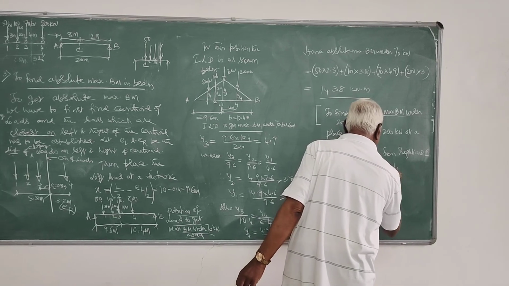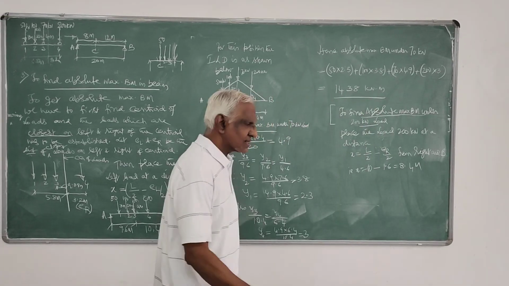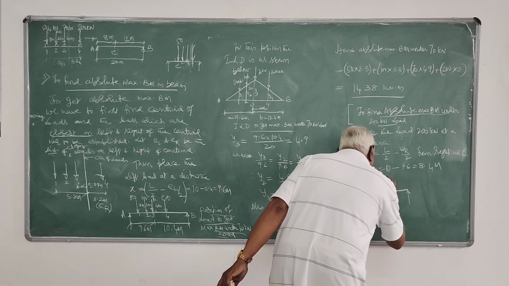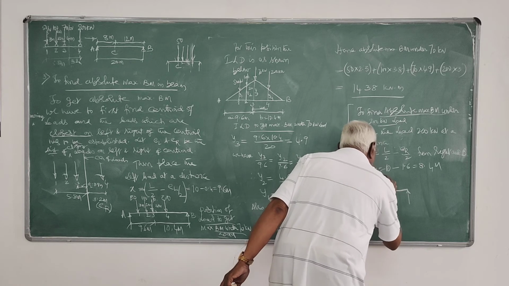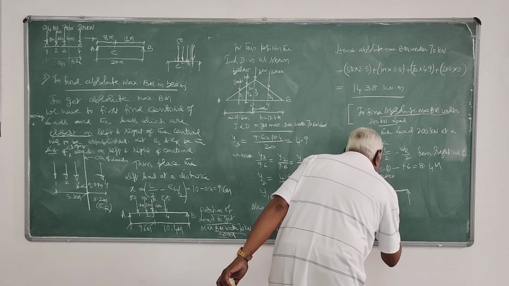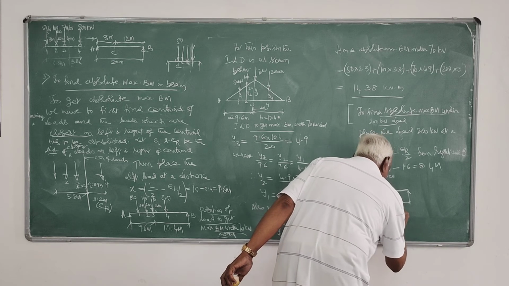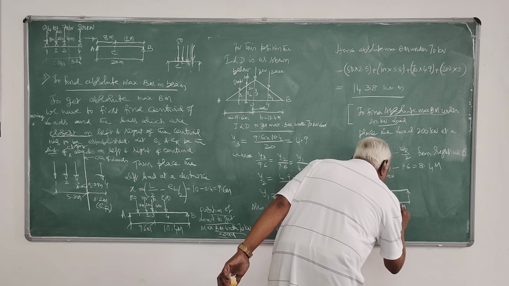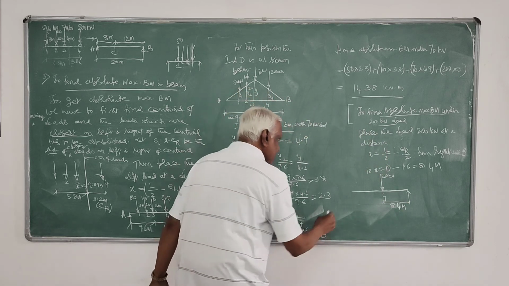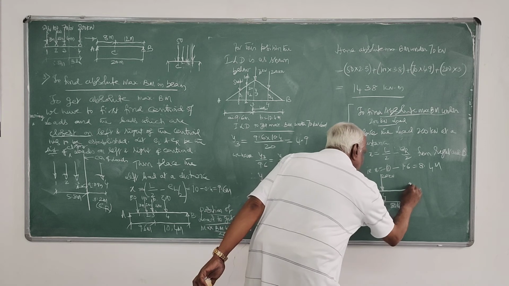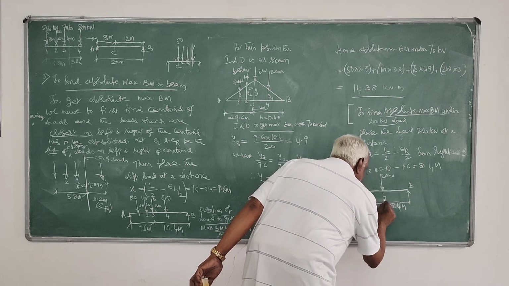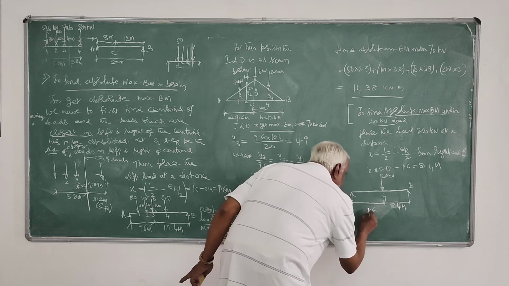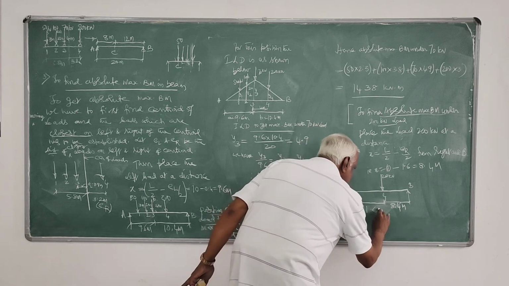That is 8.4 meters. So that means that 200 kilonewton load you have to place at a distance of 8.4 meters from the right side B. Since it is 8.4 from the right side, from the left side it is at a distance equal to 20 minus 8.4, 11.6 meters.